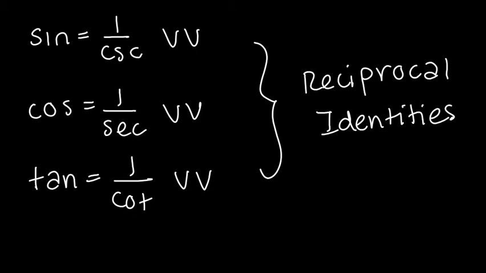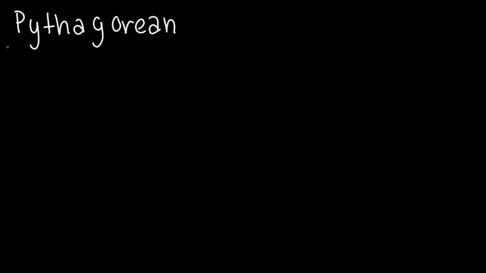Okay, so now we're going to get on to some more cool identities, at least from the other ones. And these are known as the Pythagorean identities. So here we have a right triangle.